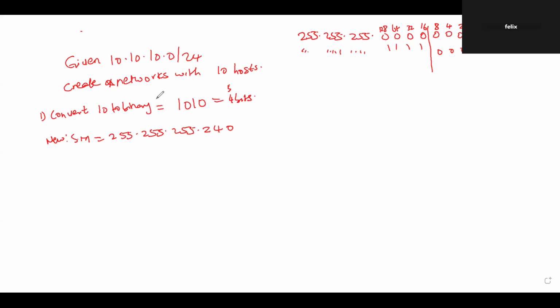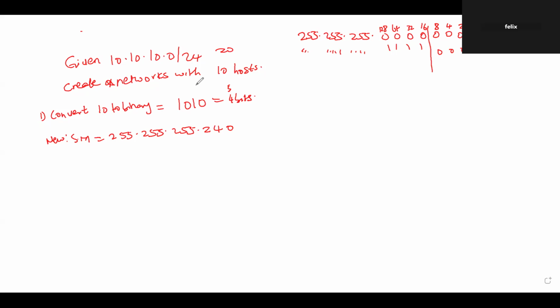So where are you lost? It's when you are converting, where are we pulling the 10 from? The 10 is in the question. It's just the 10 hosts that we were given. If this question was 20, then we're going to be converting 20 to binary.